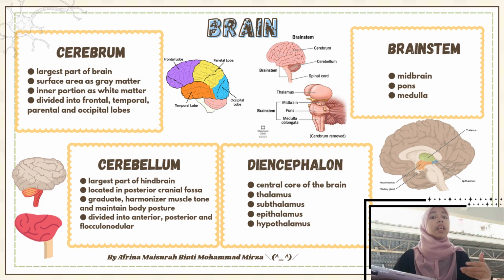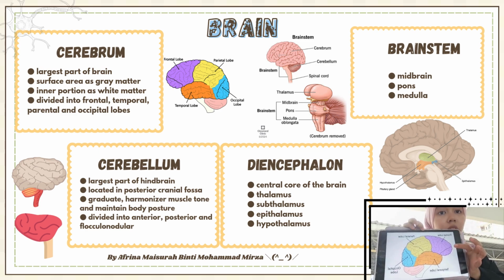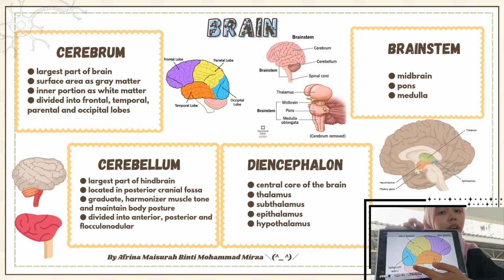The cerebrum is the largest part of the brain. The cerebrum is also divided into 4 lobes: frontal lobe, temporal lobe, parietal lobe and occipital lobe. Based on this picture, the purple one is the frontal lobe, the yellow one is the parietal lobe, the blue one is the occipital lobe, and the orange one is the temporal lobe.